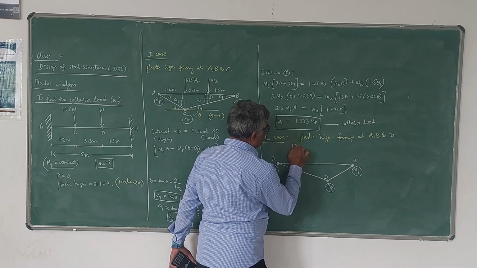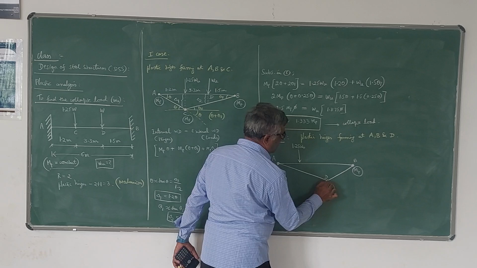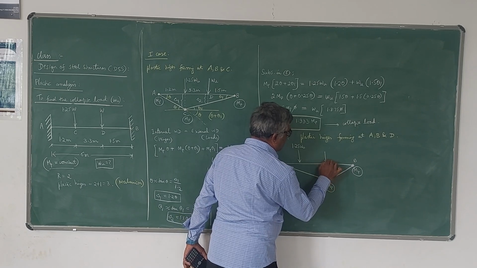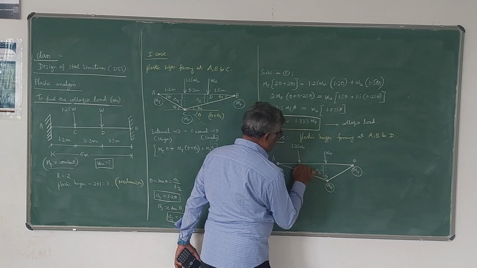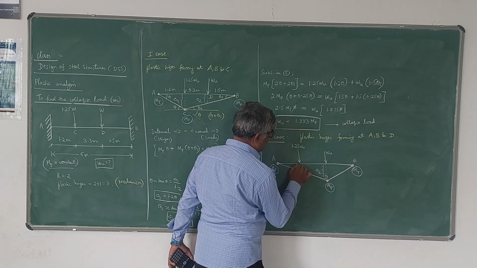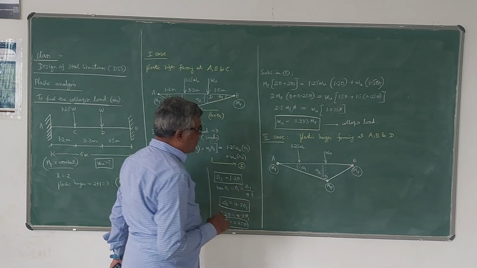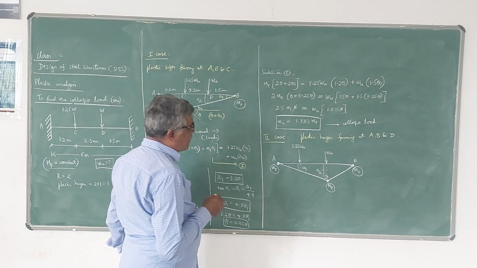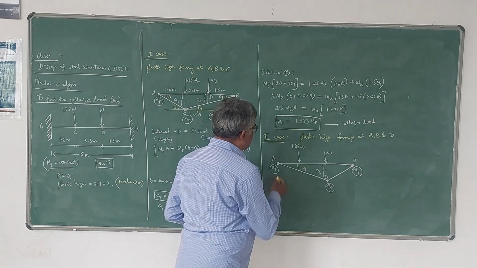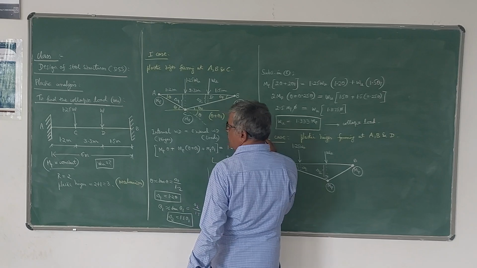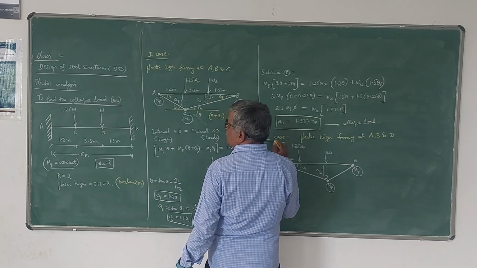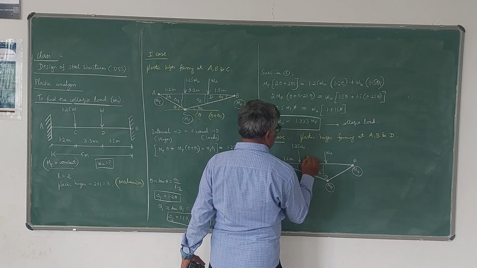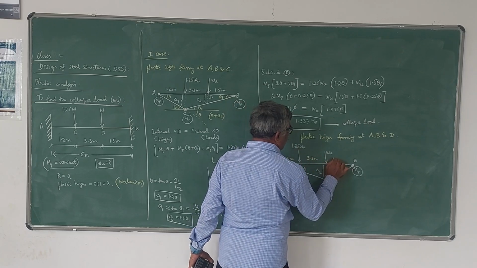Here there is a load of 1.25 WU, and here there is a load of WU. Here this is delta 2, this is delta 1. So deflection will be there under both the loads. And as usual, for the distances I will write 1.2 meters, 3.3 meters, 1.5 meters.